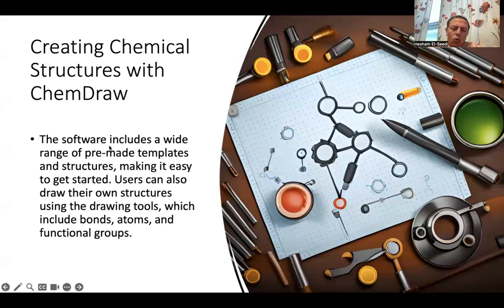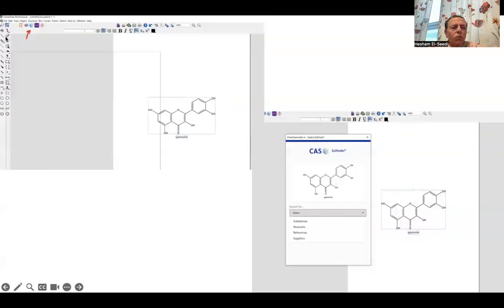Of course, you first install the ChemDraw software on your computer. After that, you will see it is very easy to draw the structure using the icons here. For example, you choose a benzene ring, you choose the bond, etc., till you draw the whole structure.